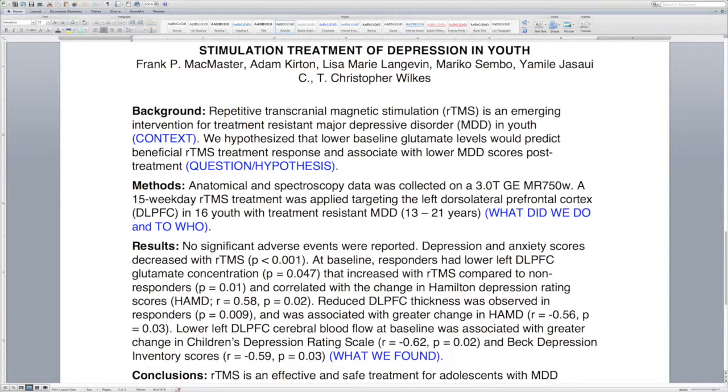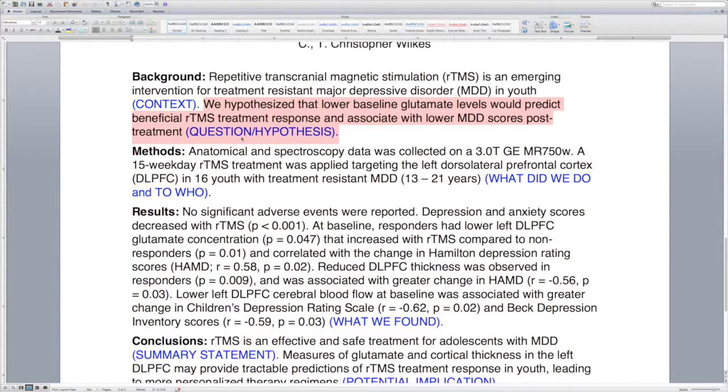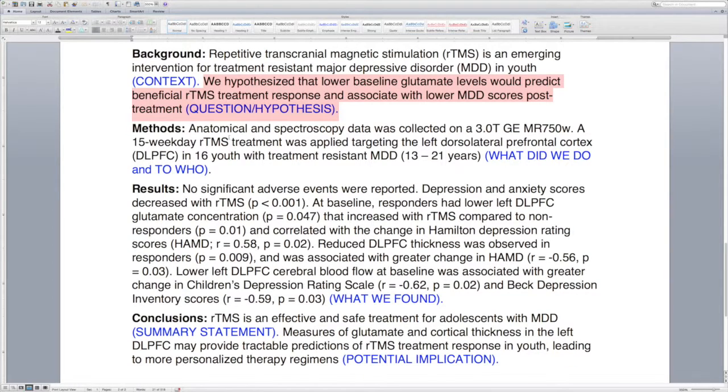For background, we opened up with the context, about a new treatment for treating major depressive disorder in youth. We hypothesized that blah, blah, blah. So we set up our question and our hypothesis. We stated those fairly clearly and quickly. So in 2 sentences, we set up our background with enough information that somebody can find us, look us up, talk to us, and all those nice things.